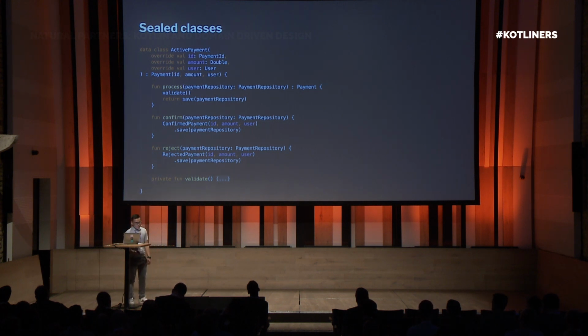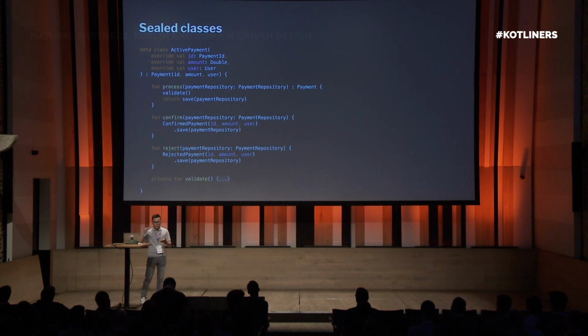So, a little bit about the logic. The process is pretty straightforward. The payment is in the active state when the user just initiated the payment action. When the user clicks that they would like to pay, we create a payment class in the active state, active payment, and then we process it to store it to the database.